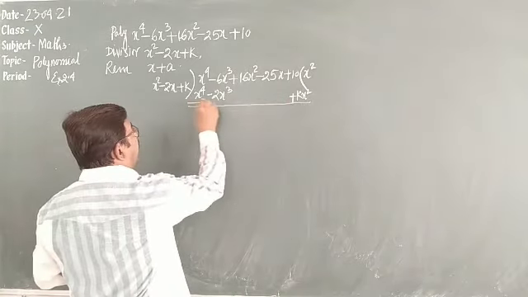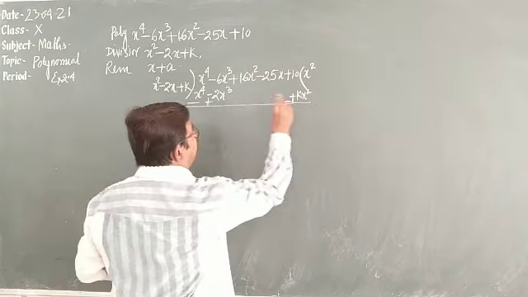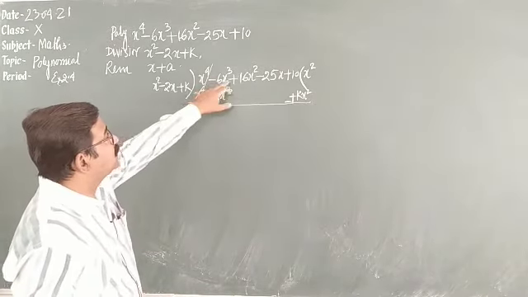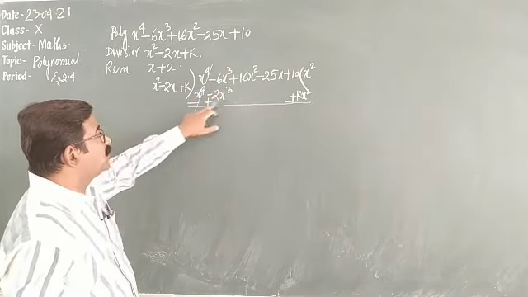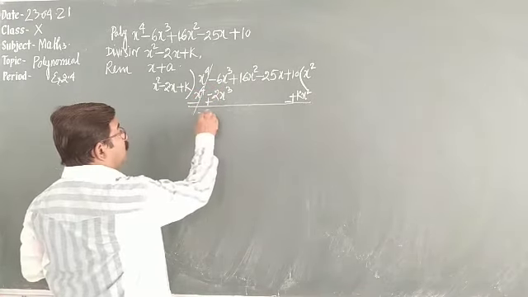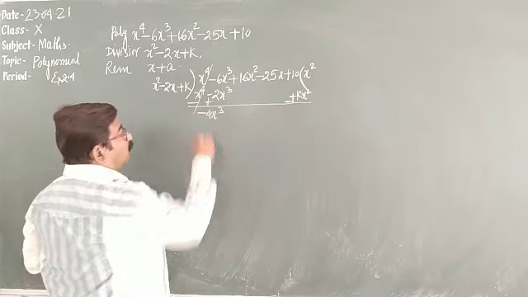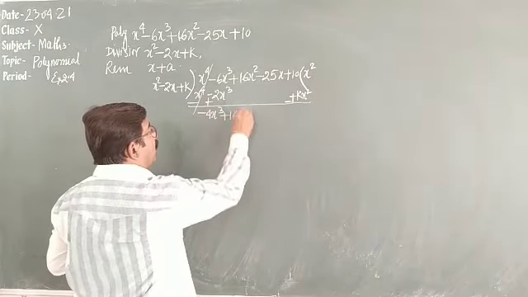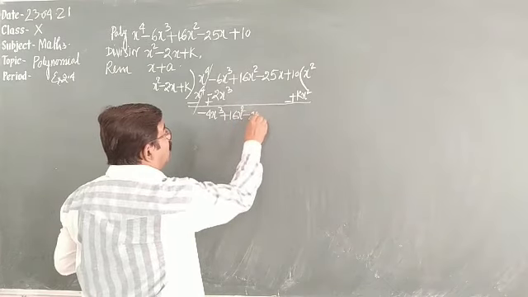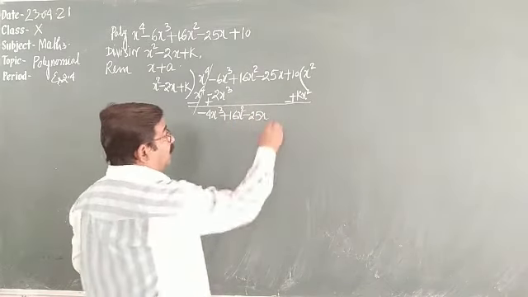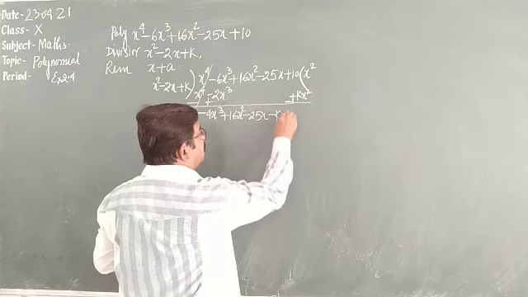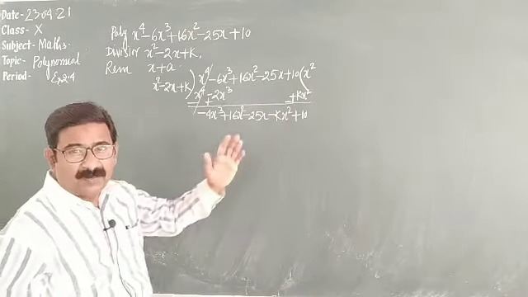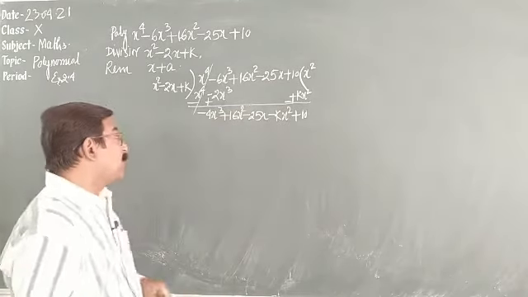Subtract: minus, plus and minus. This will go. See, minus 6x cube plus 2x cube is minus 4x cube, plus 16x square minus 25x, right? Minus kx square first, and 10 in the last. Constant number we should write in the last.